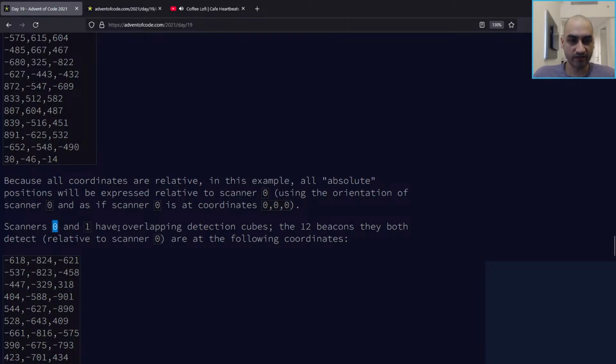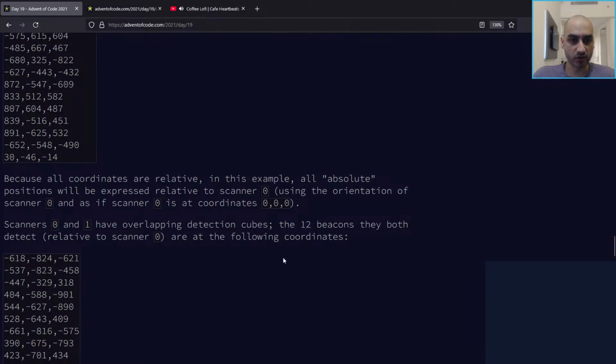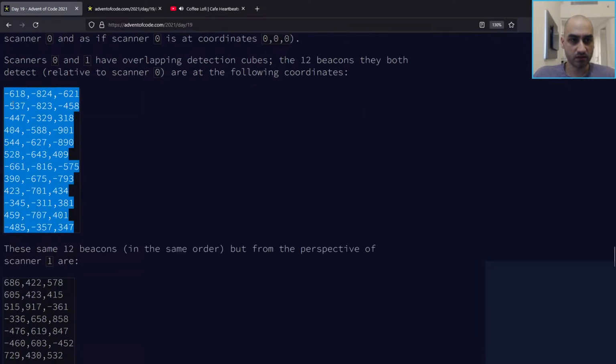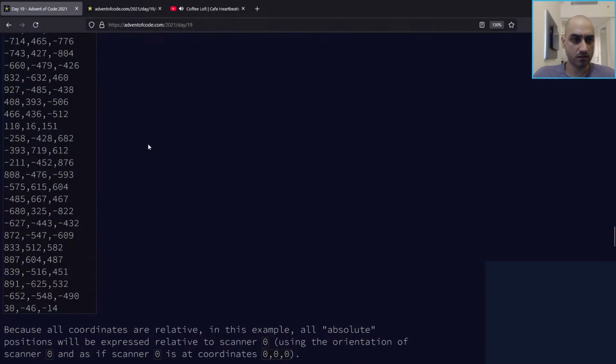Scanners 0 and 1 have overlapping detection cubes. Why? The 12 beacons they both detect are at the following coordinates. What?